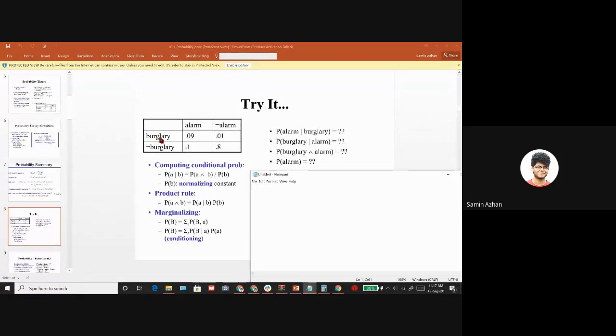We see that the probability of burglary and alarm is 0.09, and the probability of burglary and not alarm is 0.01. That means the case where a burglary happened and the alarm rang has probability 0.09, and the case where a burglary happened but the alarm didn't ring has probability 0.01.